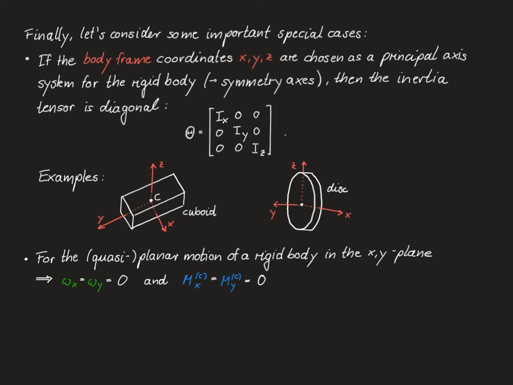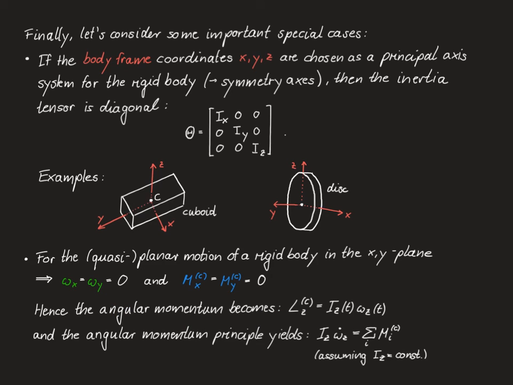As a consequence of this, the angular speeds around the x and y axes are 0, and also all moments around the x and y axes are 0. Then the angular momentum of the rigid body becomes a scalar quantity that's given as the product of the moment of inertia about the z-axis times the angular velocity around the z-axis.